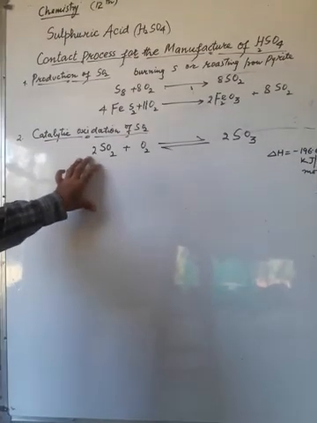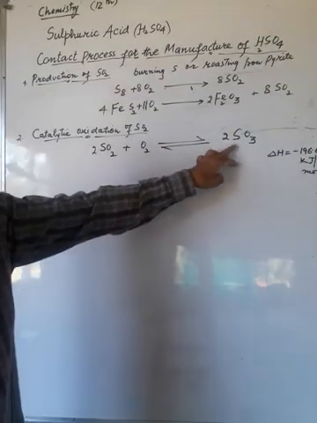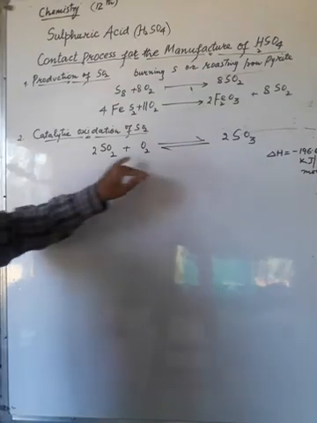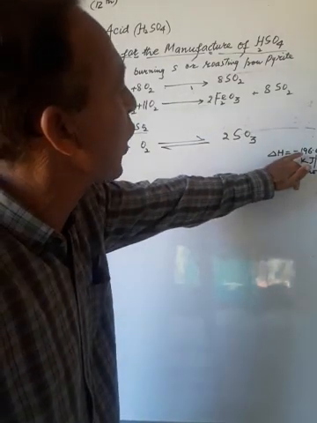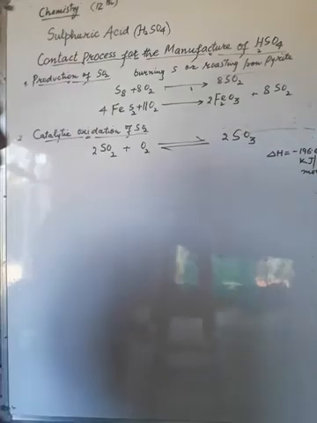Now, you will see that sulfur dioxide upon oxidation forms sulfur trioxide. It is a reversible reaction, and the forward reaction is exothermic and heat is evolved, that is 96.6 kilojoules per mole.